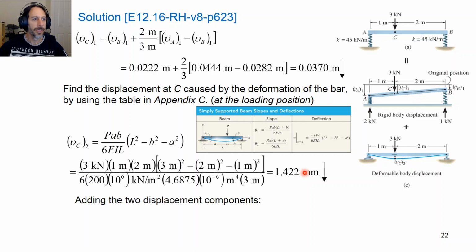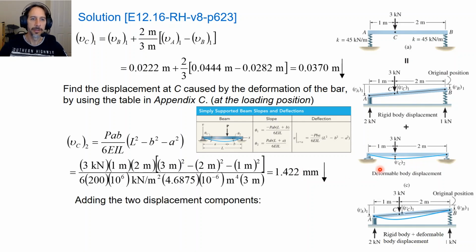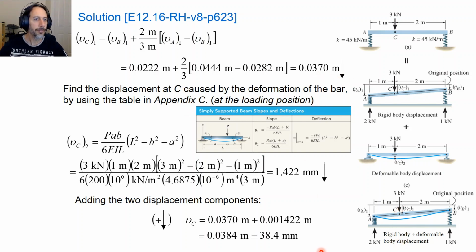And then once we have that, we can combine that together. So we have our rigid body deflection of the beam because of the compression of the springs, and then we have this deflection here, so we add this to what we had up here, so we get a total deflection of 38.4 millimeters.